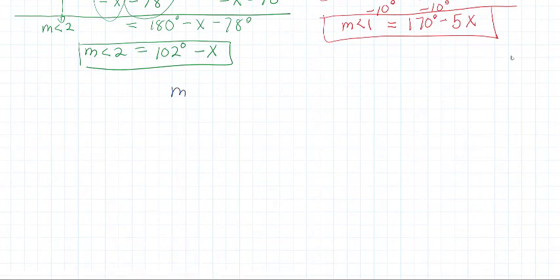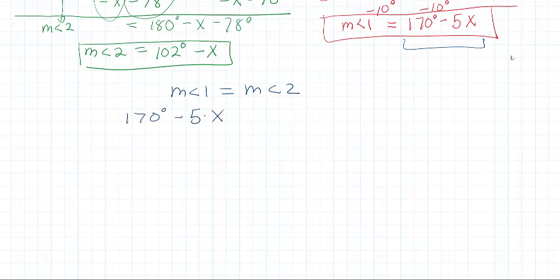So we have M1 equals the measure of angle 2. And now instead of M1, I'm going to write this. I'll write 170 degrees minus 5 times x equals, and instead of measure of angle 2, I'm going to write this, 102 degrees minus x.